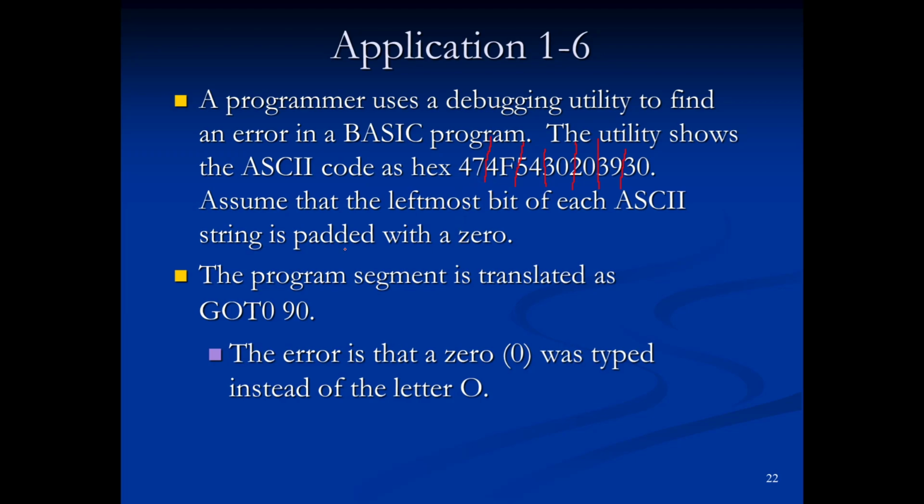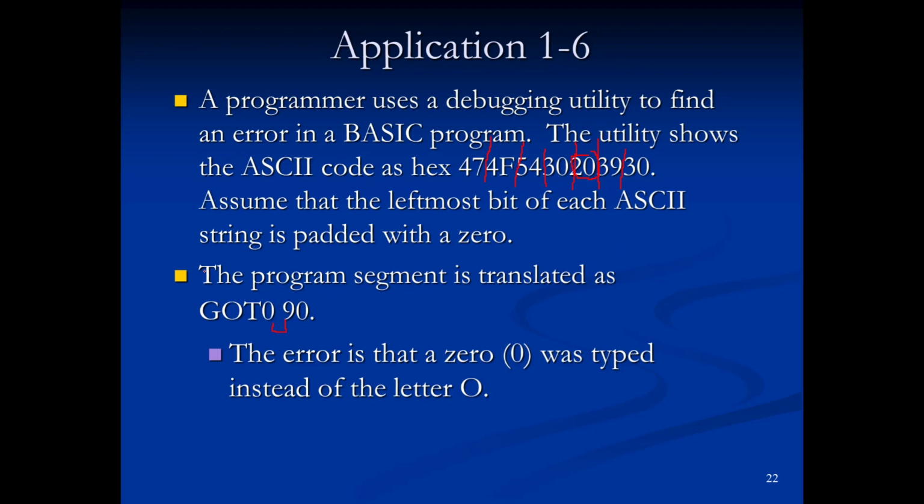And when we do that, we find that the letters spell out this string here with the 20 hex value representing the space in between this 0 and this 9. So this space is actually a character. It is the 20 character there.